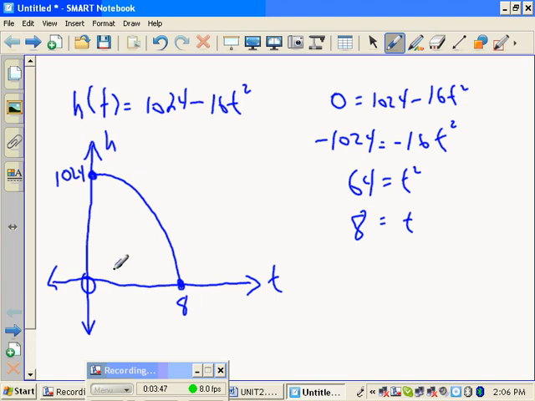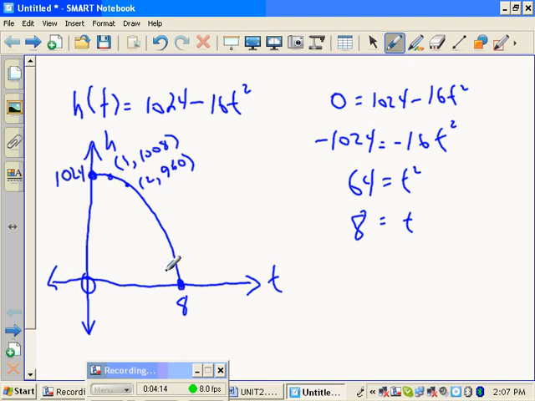Well, what's this point? Let's say when t is 1. If you plug in 1, I think you get 1008, don't you? How about this point when t is 2? Let's see, 2 squared is 4, times 16 is 64. Subtracted from 1024 would be 960, right? Do you need a HAL to do arithmetic?